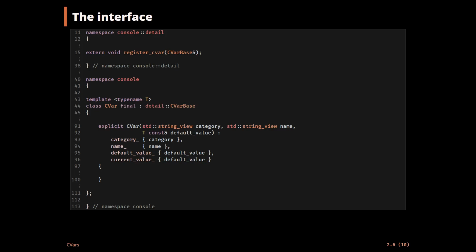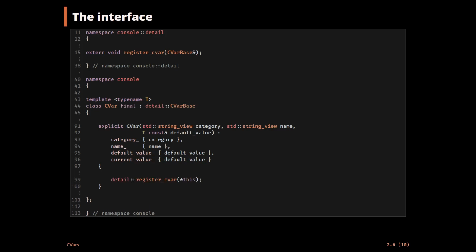This is just used to get a list of every CVar, and we call it from the constructor. So every time we create a CVar, which will be during static initialization, we're calling this register CVar function.